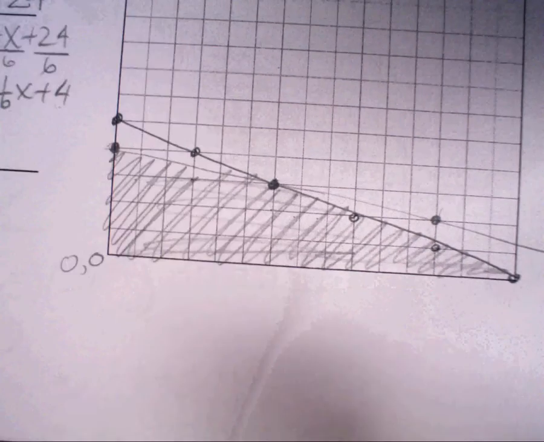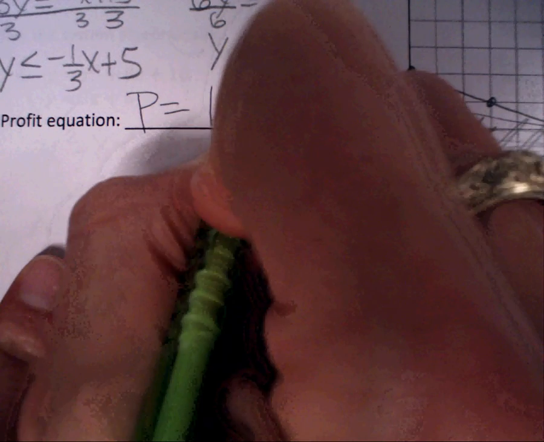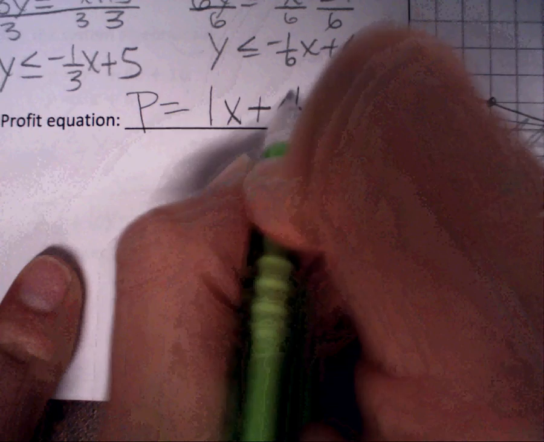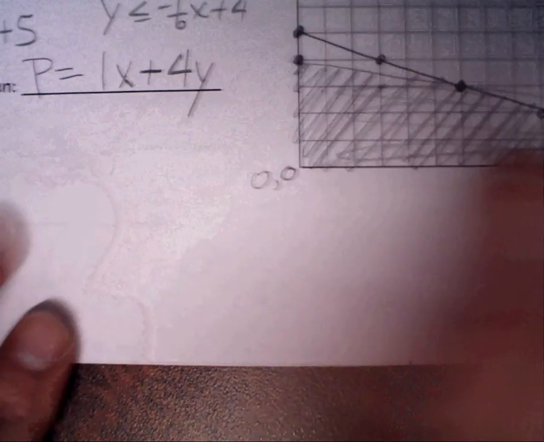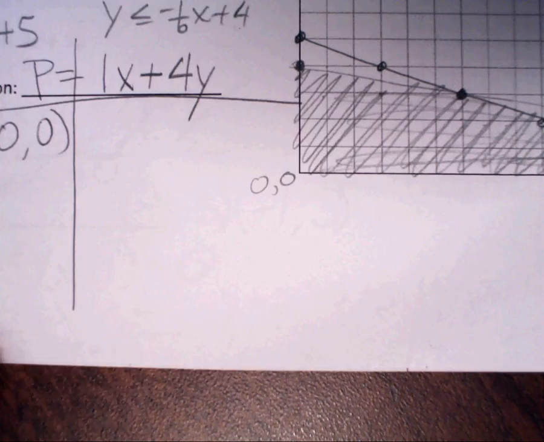So my profit equation comes from the money that she'll make off of each type of plant. So that's 1x because it's $1 per tomato bush, and 4y for each bean. And so then what I want to do is make a little table. I want to list my points, and my corners are 0, 0, 0, 4.